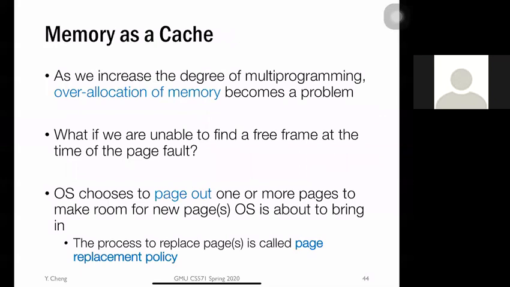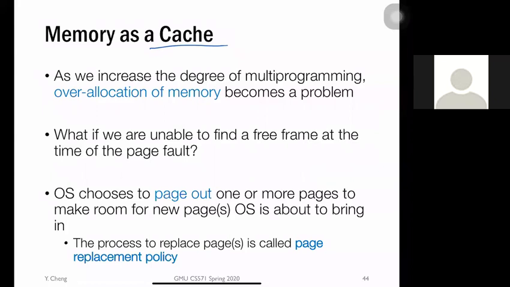Another concept is that physical memory capacity is limited, a hard cap. So the operating system would always use the physical memory as a cache, right? At the same time, we want to improve the level of multi-programming by bringing in and co-locating multiple processes within memory at the same time. But this would increase the memory pressure.